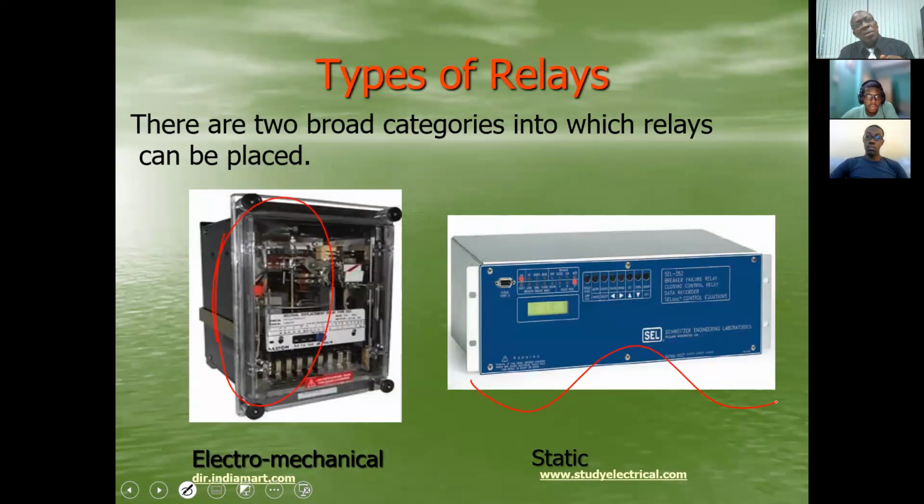Going back to what we also said when we looked at the current transformer. Remember, we spoke about the fact that you can make changes in terms of the burden, meaning you can use different relay technologies for the same CT. The electromechanical relay usually has a very high burden.